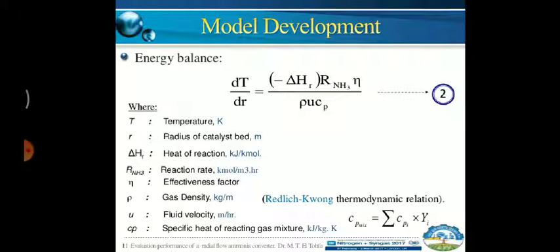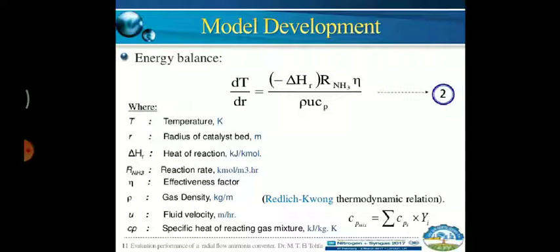Then the energy balance. How can it be calculated? dT by dr is given as minus h of r, minus delta Hr, into r of NH3, and into efficiency, divided by rho u Cp. So each term can be defined.